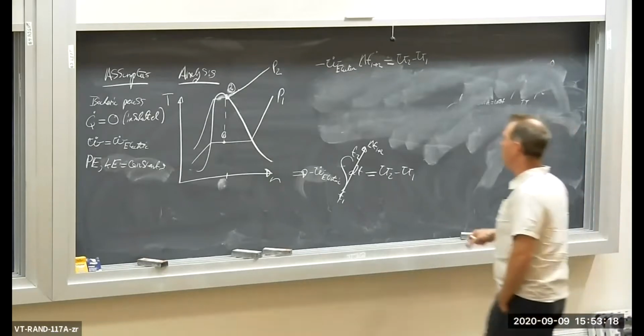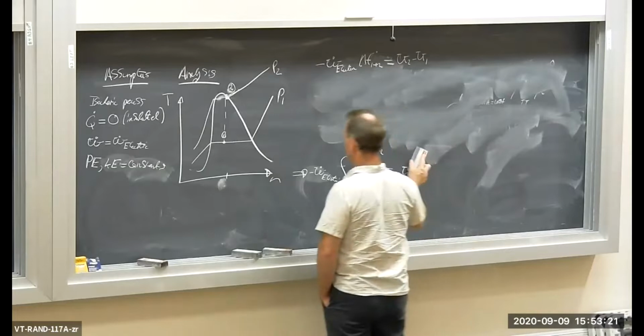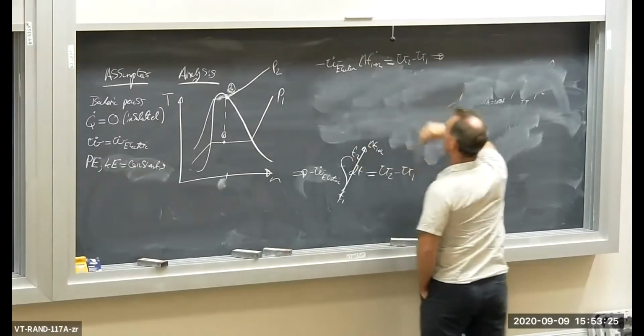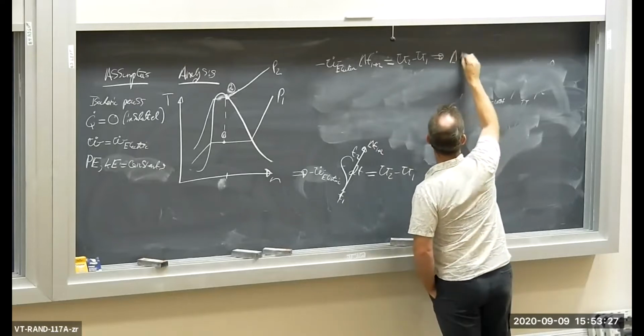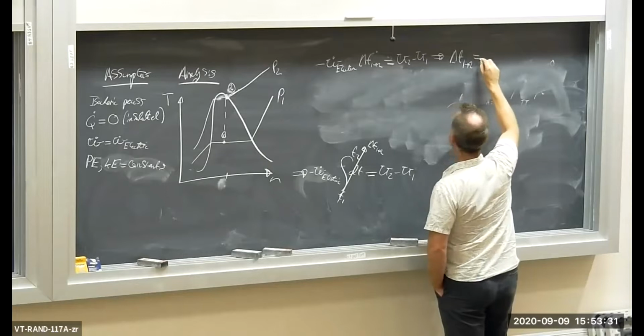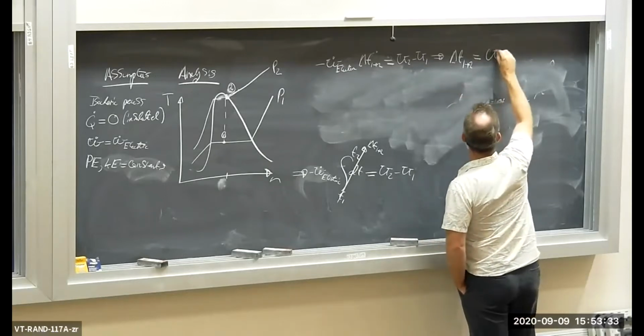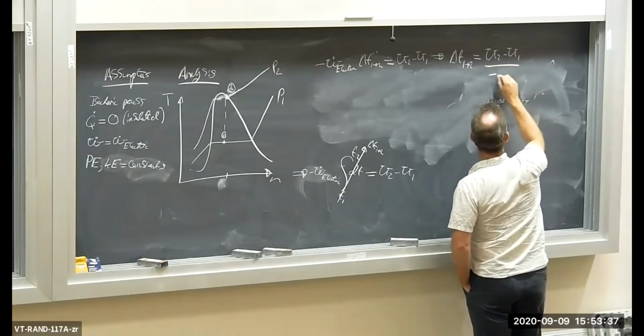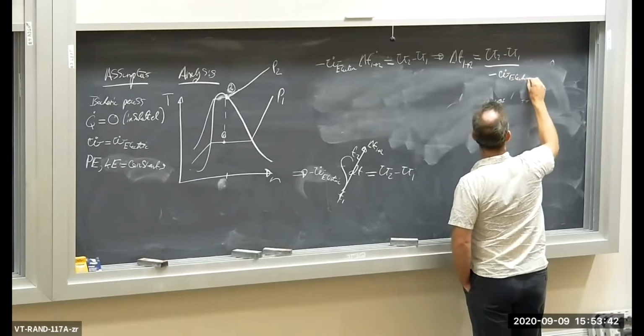Okay, so we're interested in the delta T, the change in time, or the time required to boil away the fluid. That's equal to U2 minus U1 over negative W dot electric.